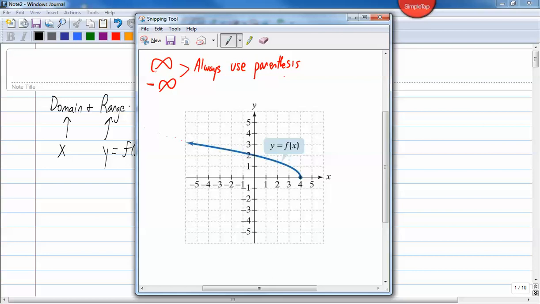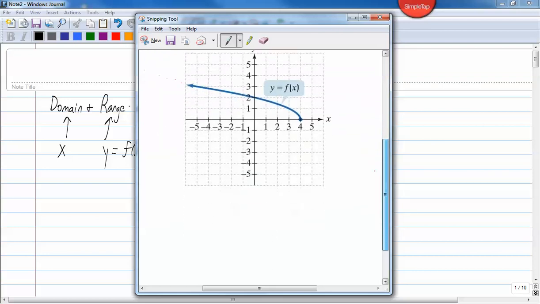Alright, so let's figure out the domain. Now with the domain, remember we want to start at the smallest x first. And so with this graph, I can trace up with the smallest x here, but it has this arrow, meaning it keeps going on and on forever to the left. And this is in the negative direction.